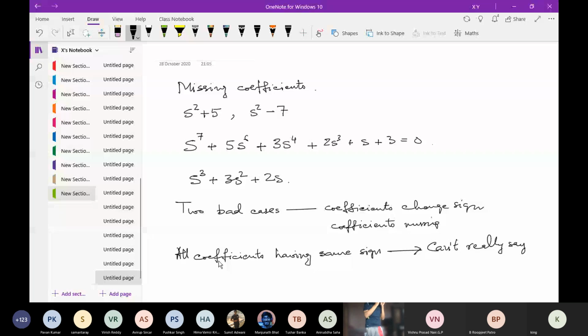And this is where Routh-Hurwitz comes in.